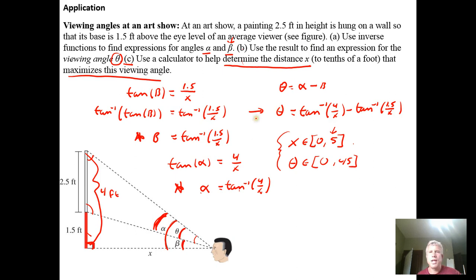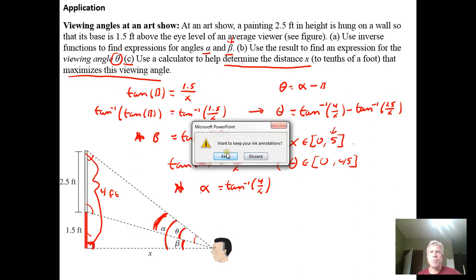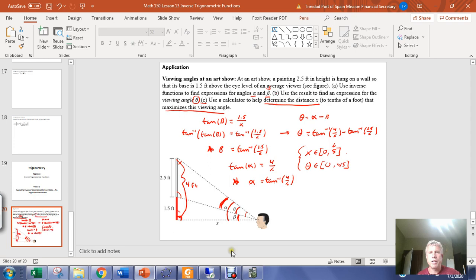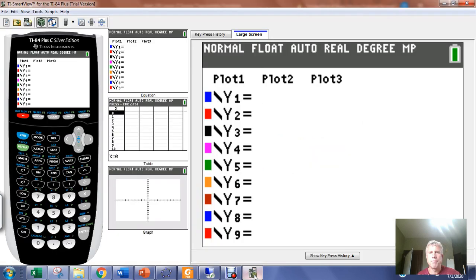So I'm going to hit escape and keep. So we keep that work, and then we're going to pop the calculator open. And so the calculator, I'm going to go in to graph it, and I don't have the option for theta, so we're going to use let y represent theta, and then we'll type in our equation. Our equation was tangent inverse.